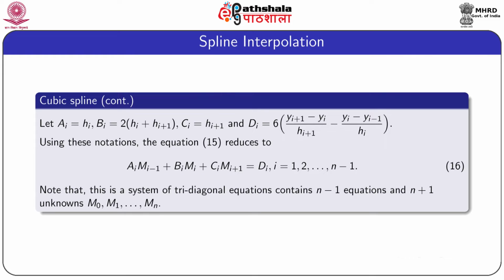That means, we can say that this is a system of tridiagonal equations containing n minus 1 equations and n plus 1 unknowns m0, m1 up to mn. So, we have seen that the construction of cubic spline depends on the solution of a system of tridiagonal equations. This system contains n plus 1 unknowns and n minus 1 equations.